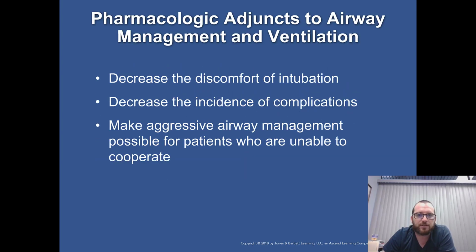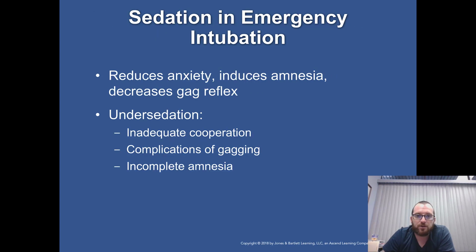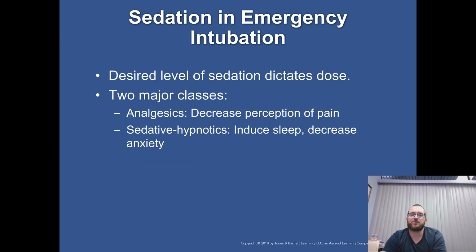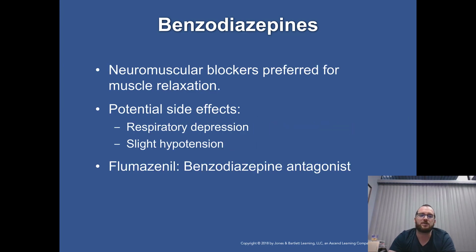All right, so that stuff should make sense. RSI drugs, again, we'll get to them. We have a drug group coming up in a couple of weeks that will get into each of these drugs, understanding different ways to assist us with the intubation process.